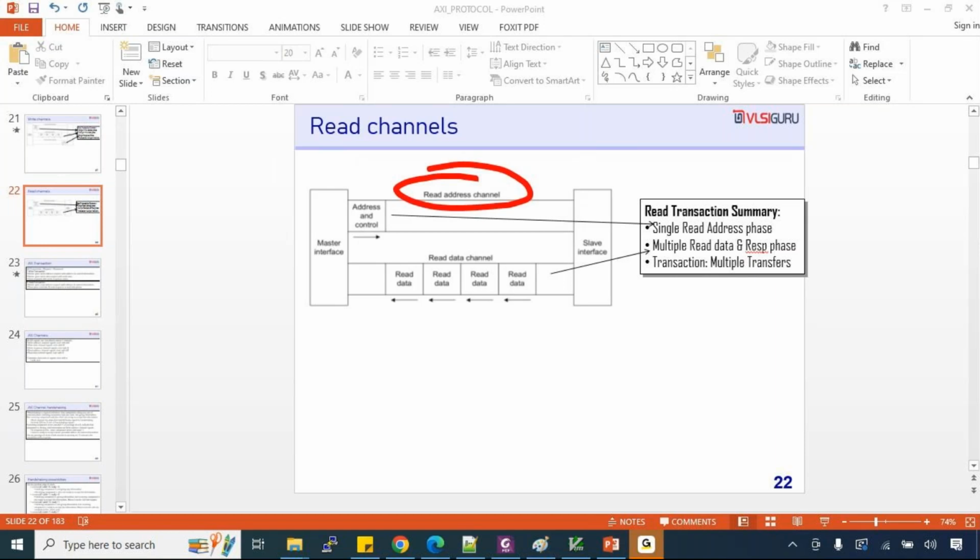So read address channel means it is initiated by master. So valid will be in this direction. Ready will be in the opposite direction. Right? So don't think that valid always means master. Ready always means slave. No, that is not correct. You need to see who initiates that part of the channel phase. That is the valid driver. Other component is the ready driver.